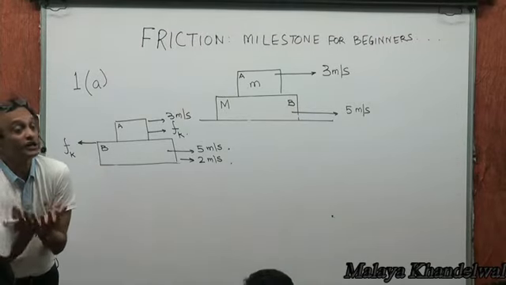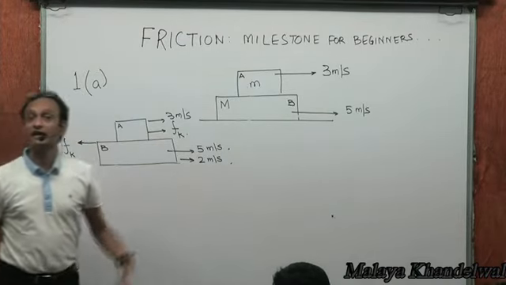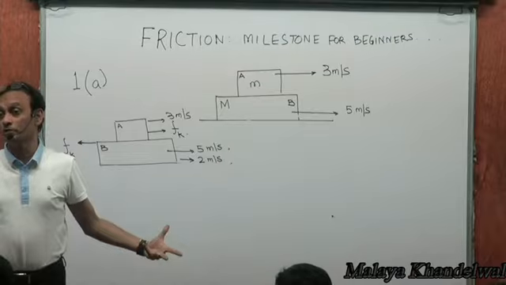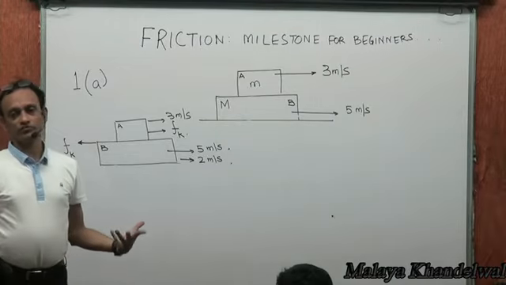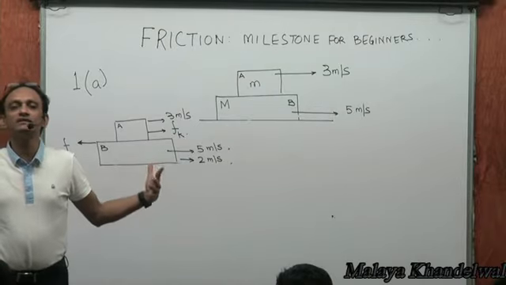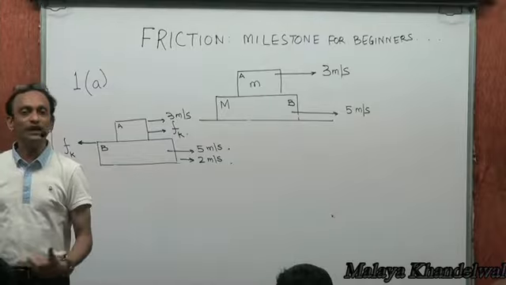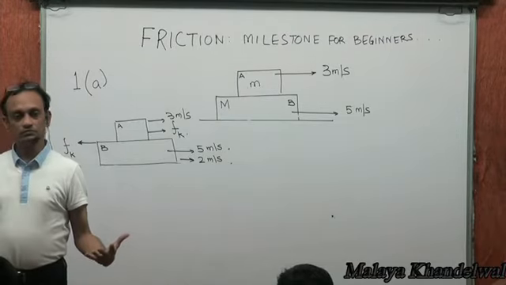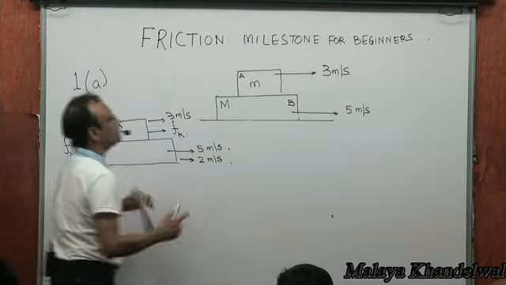We want to be able to discourage relative motion. If both bodies had 3 meters per second to the right, there would have been no relative motion between the two bodies and there would have been no frictional force. Because as long as there is no relative motion or no tendency of relative motion, friction will not act. Clear?